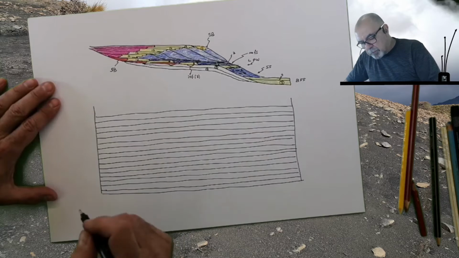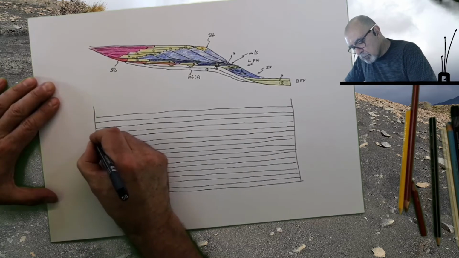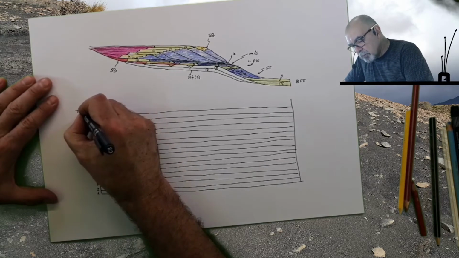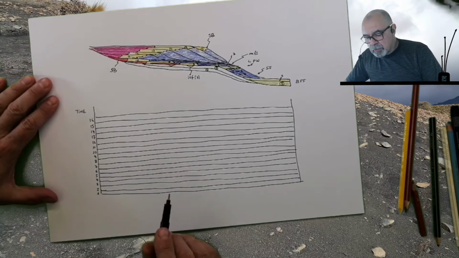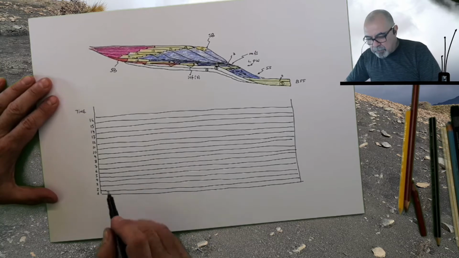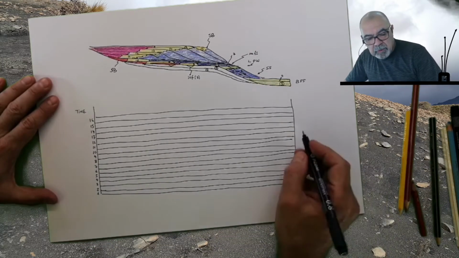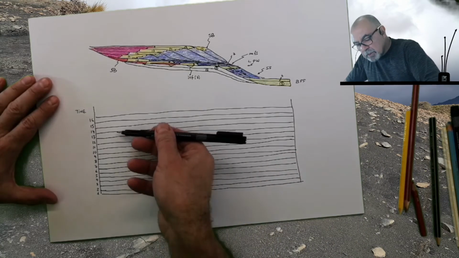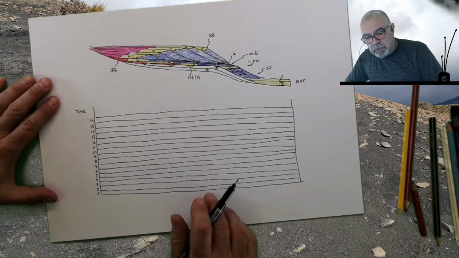So I will put some numbers here. This is a time series, and this is the distance. Of course, this is handmade, but all these represent the same time for the accumulation.